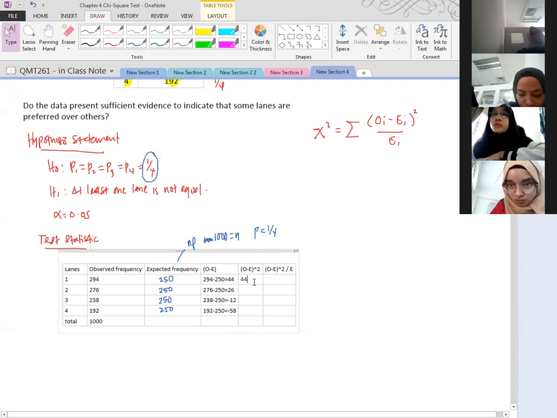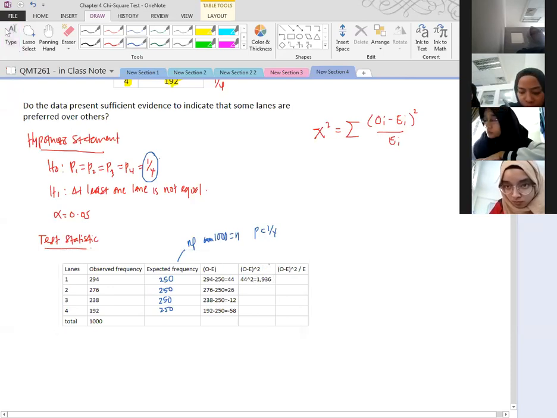Next is 44 to the power of 2, and you need to calculate this for every cell. So this one is 676, this is 144, this is 144, and this is 3,364, with the first being 1936.